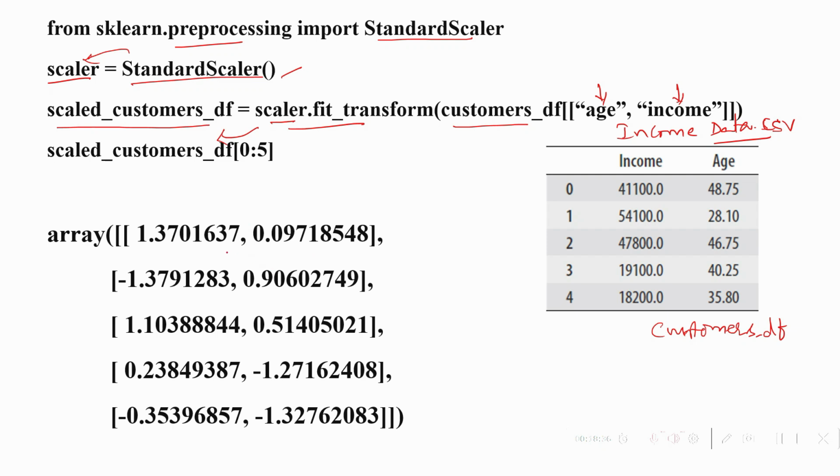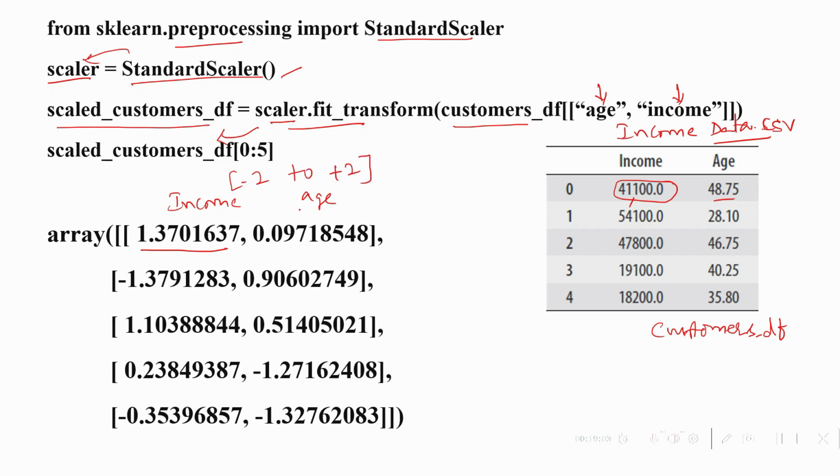See this one. First of all, if you look at the data here, this is the income and this is the age. Now here we have 41,100 as our income and age is 48.275. Whatever the data is, all of it is converted into the range between minus 2 to plus 2.